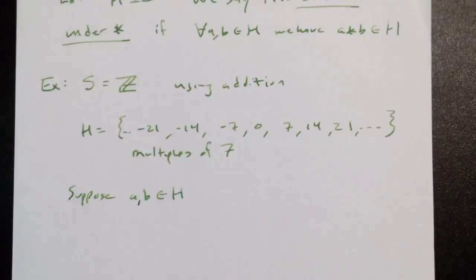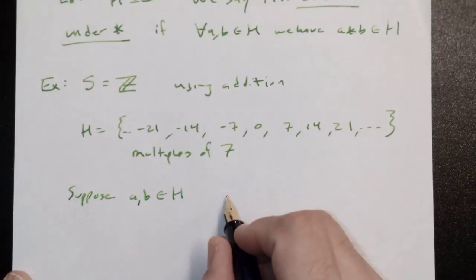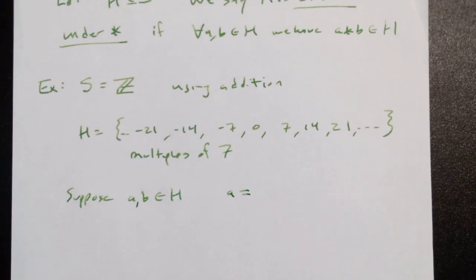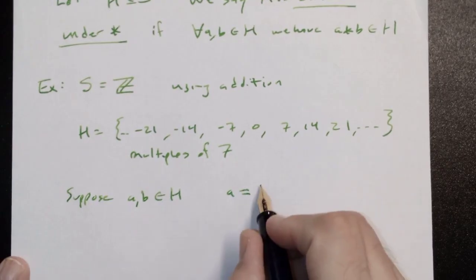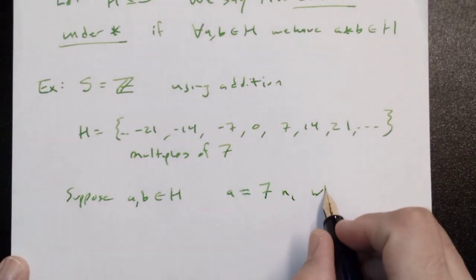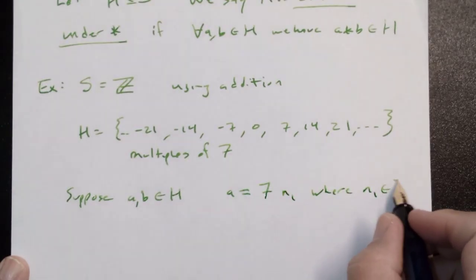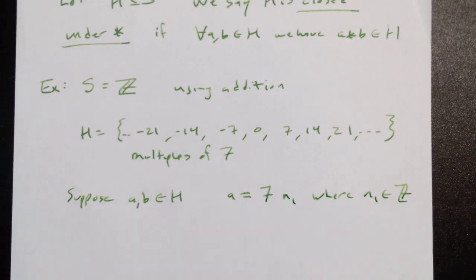Which means, what do I know about A? It's a multiple of 7, so it's 7 times something. And if I take out the 7, I have to be left with a whole number, not an even number, an integer, n1. Same thing is true for B, right?